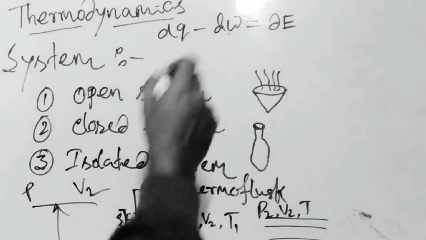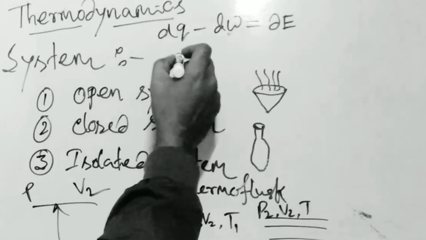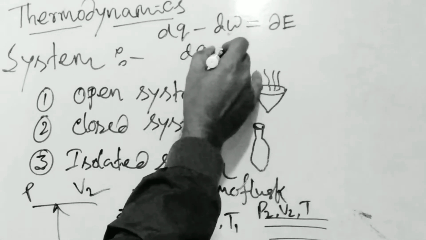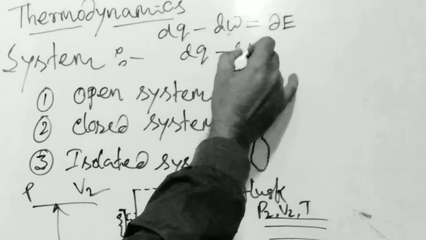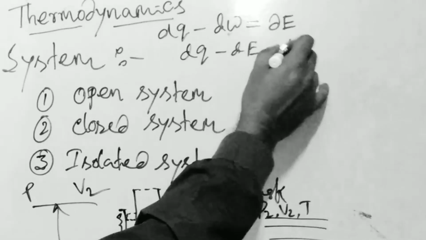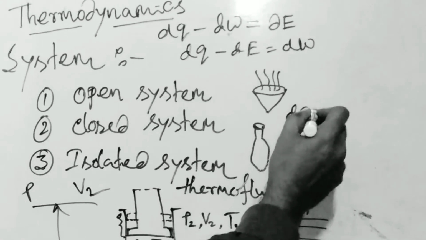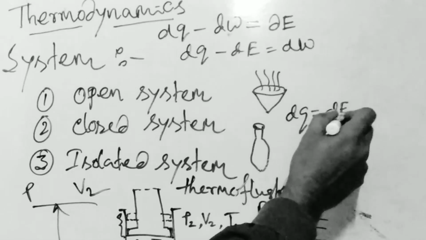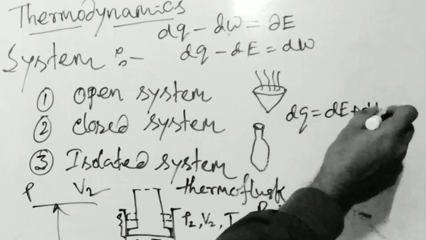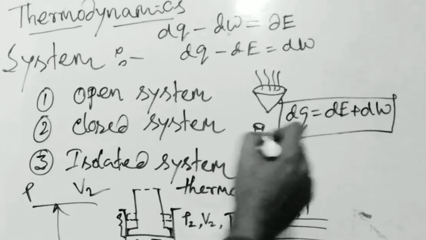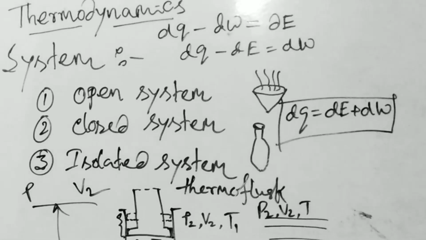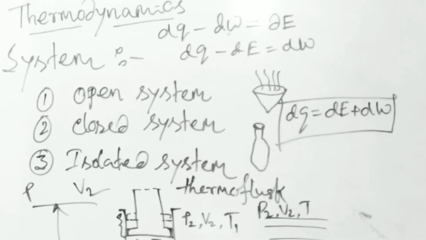Therefore dq minus dw will be dU, or we can also write dq minus dU equals dw, or we can also write dq equals dU plus dw. Okay, dq equals dU plus dw, and that is the mathematical expression for the first law of thermodynamics.